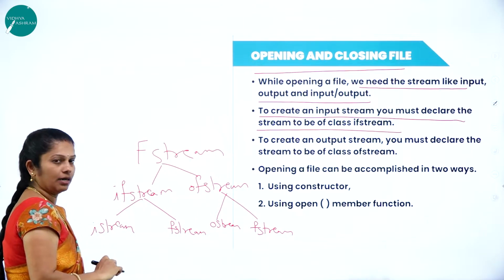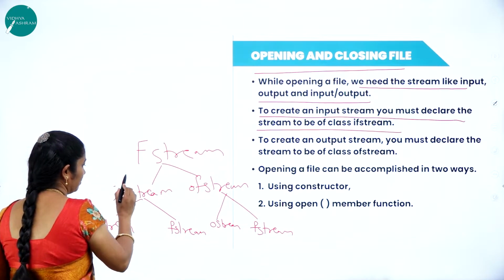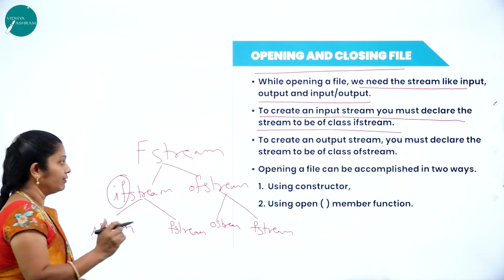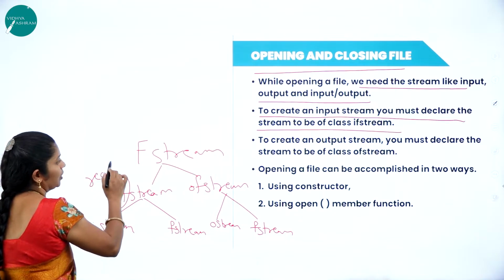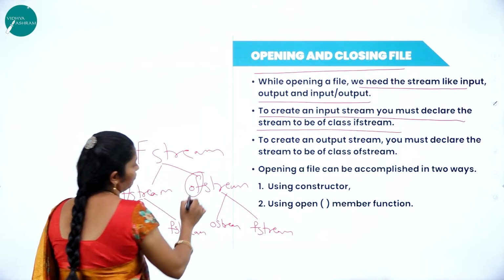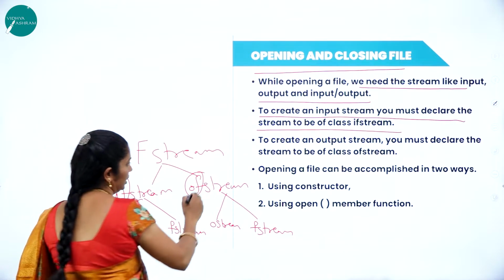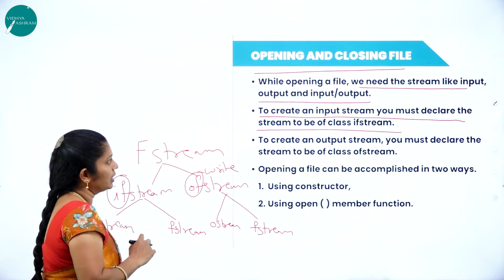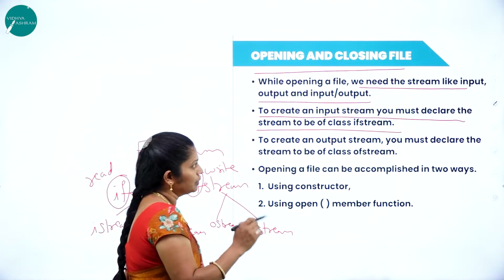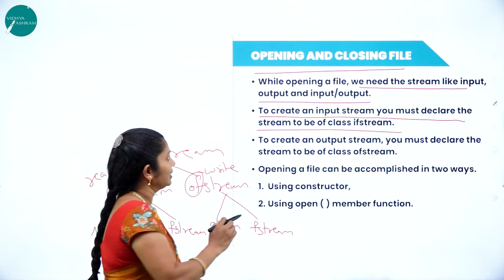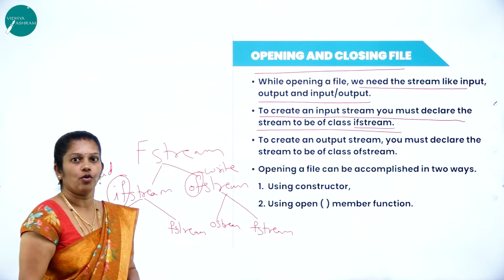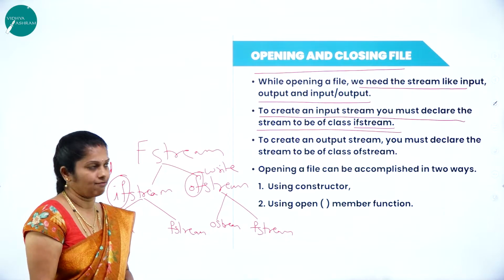If you observe here, ifstream means input operation, that is for input purpose, for reading purpose. Whereas output, that is ofstream, is for output operation, where the computer will perform the write operation. To create an input stream, you must declare the stream to be of class ifstream. If I want to perform an input operation, then we require ifstream.